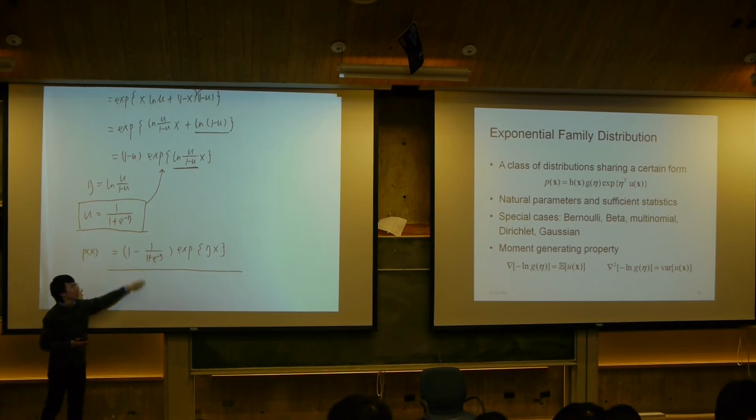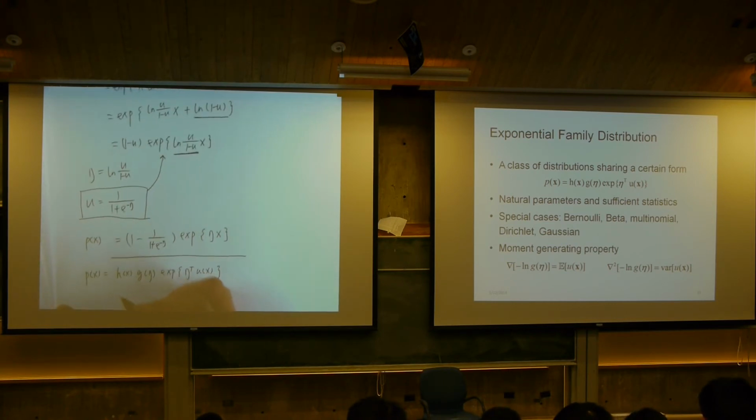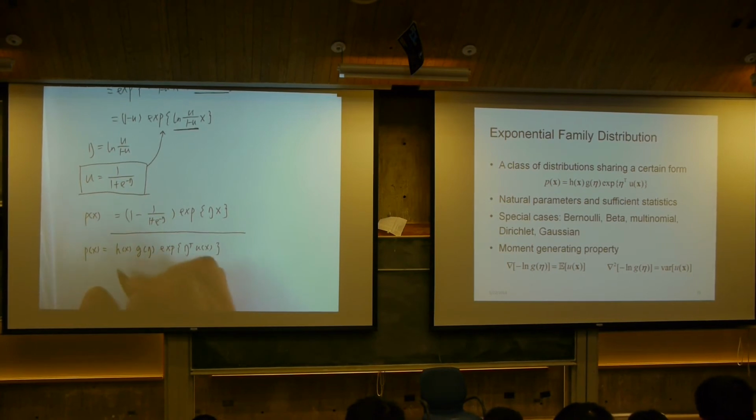parameterized by eta. If you compare this form with the general exponential family form, which is p(x) = h(x) g(eta) exp(eta transpose u(x)), let's define h(x) as 1, g(eta) equals to 1 minus mu.